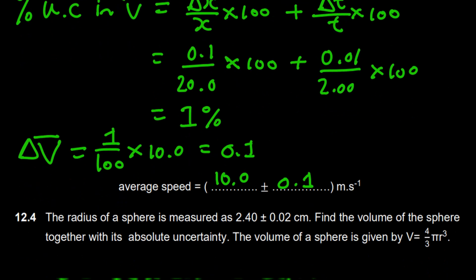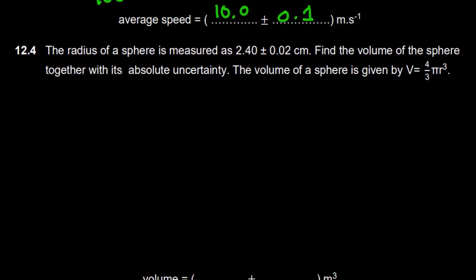Let's go on to 12.4. It says the radius of a sphere is measured as 2.40 plus minus 0.02 centimeters. Find the volume of the sphere together with its absolute uncertainty. And we are also given the equation for the volume of a sphere.